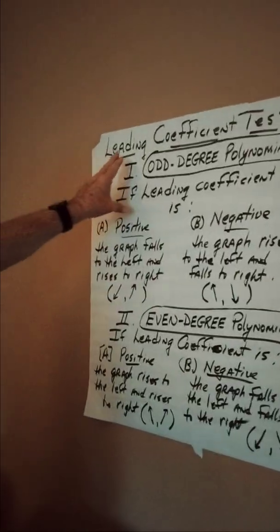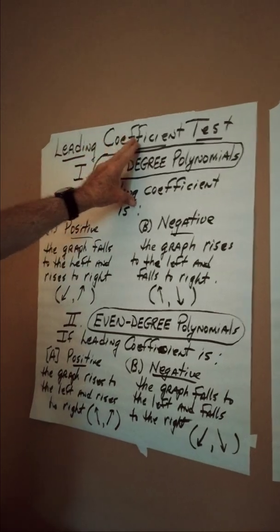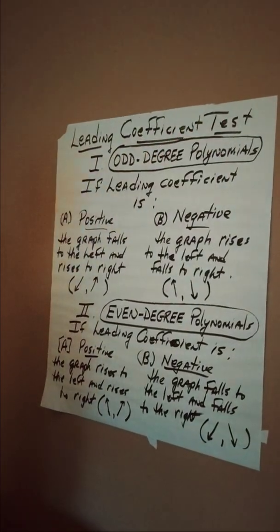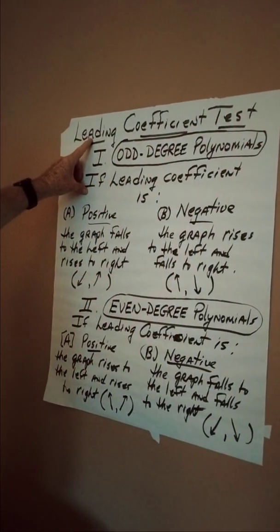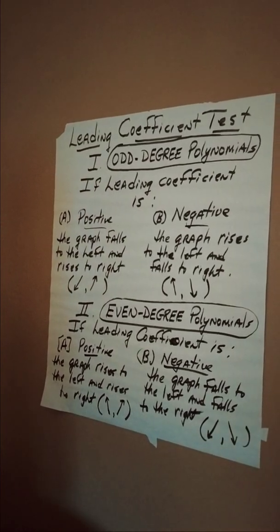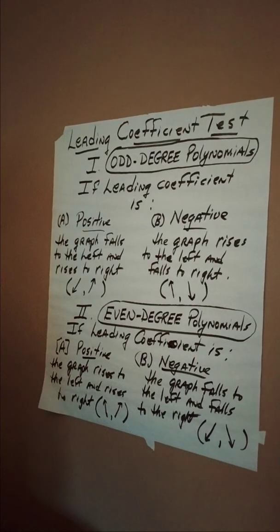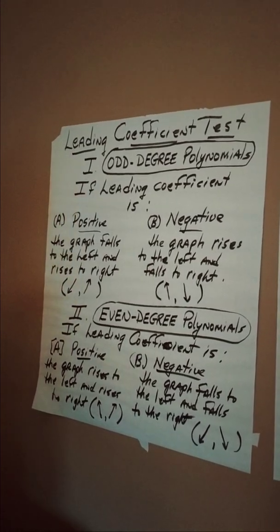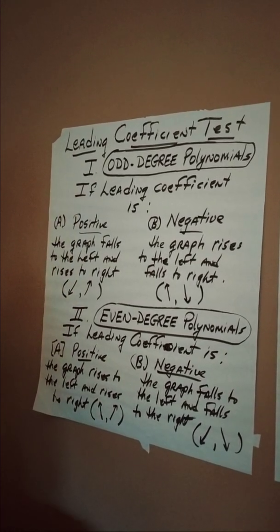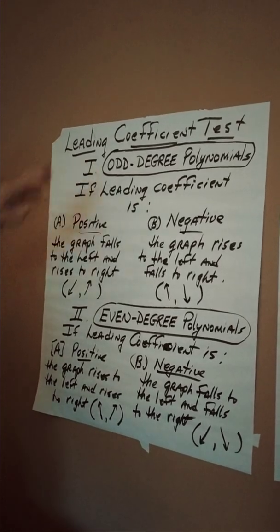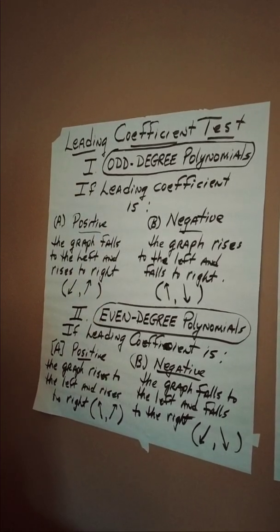It is called the leading coefficient test. The word leading references the fact of the leading term. The coefficient speaks about the coefficient of that leading term. And here is what this leading coefficient test has to say.